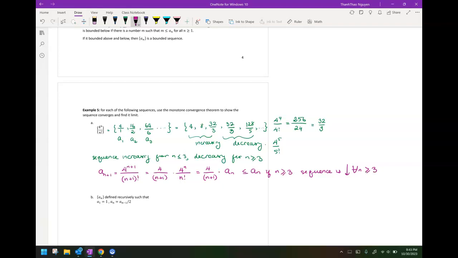Let's see what happens below. We can see that the sequence is bounded below by 0, because this a sub n, 4 to the n divided by n factorial, is always greater than 0.